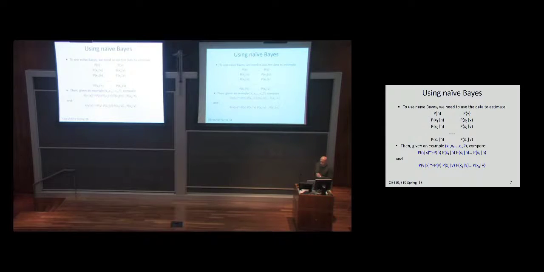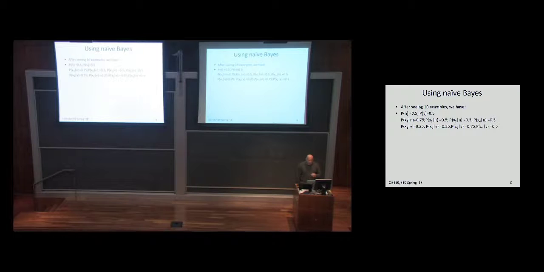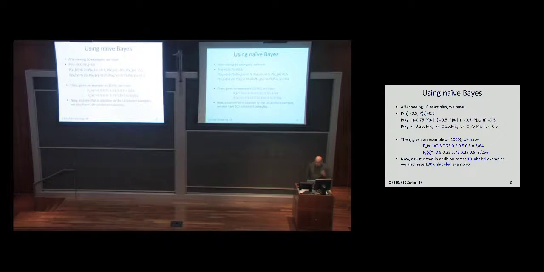Now, the question that I asked you last time was, we know how to do naive Bayes, but it so happened that we only have 10 examples. So we learn a model from 10 examples, and that's what we got. But then suddenly someone tells us, you have 100 more examples that are unlabeled. How would you use them? It would be a waste not to use them just because they don't have labels, because you could assume that they come from the same distribution that the 10 examples came from, so there is some information there.